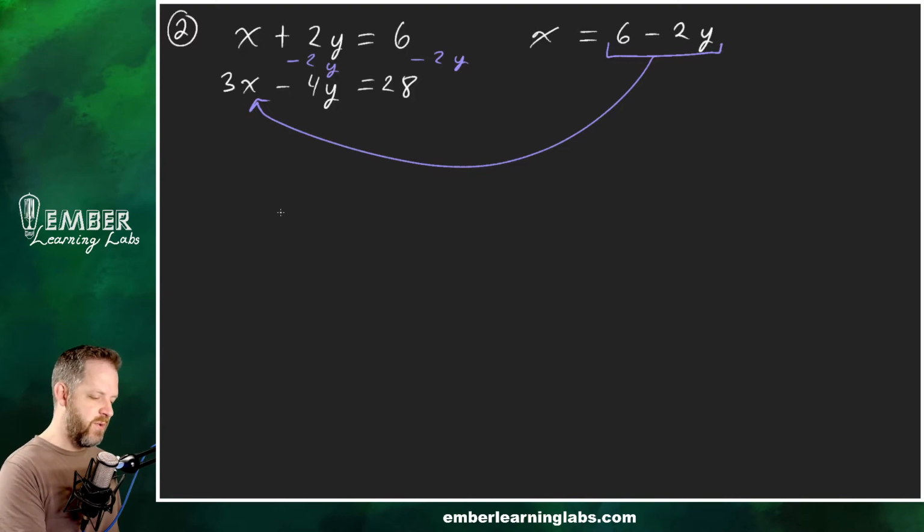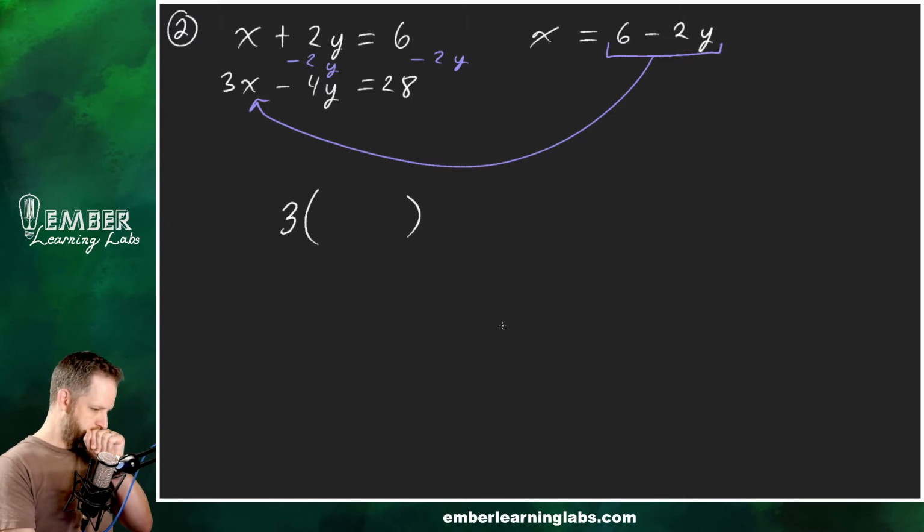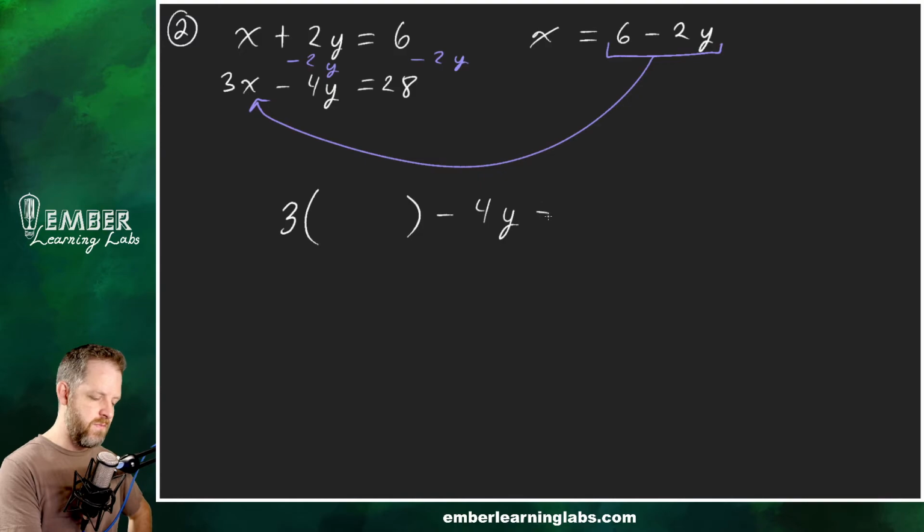So we're going to write this other equation as 3 times, and we're going to put a big old parenthesis so we can shove all this in it, minus 4y equals 28. And then for x, we're going to put 6 minus 2y, because all this equals x.